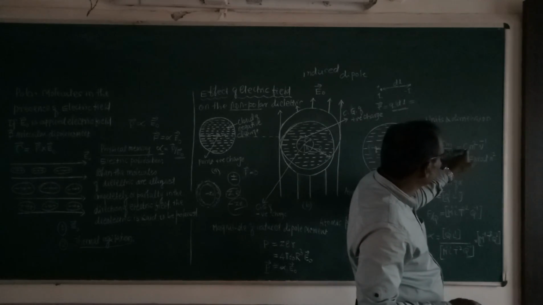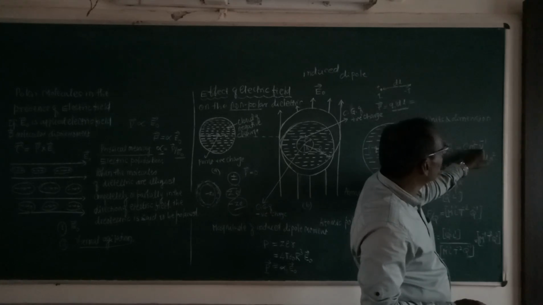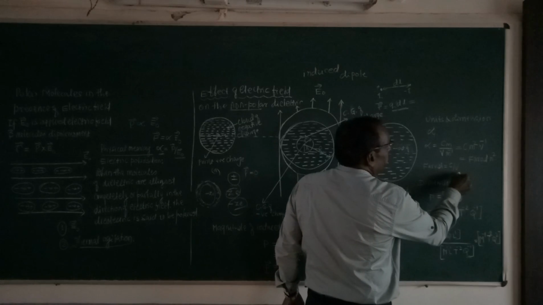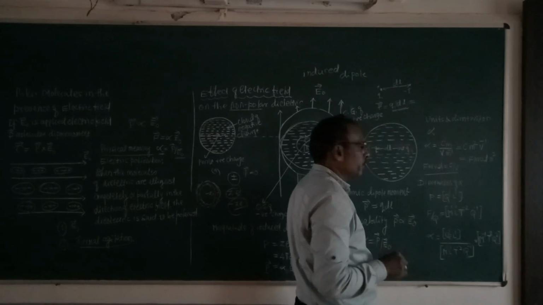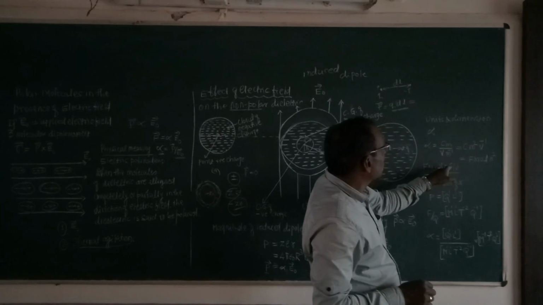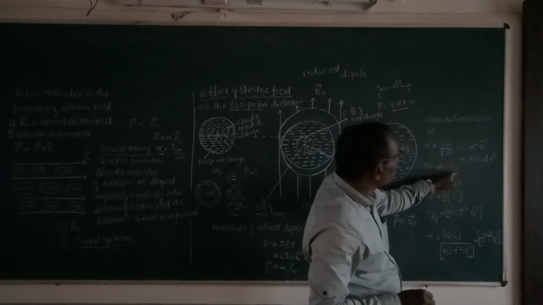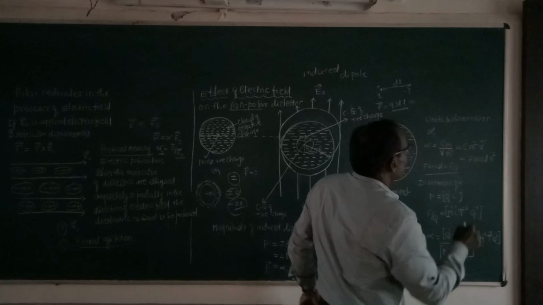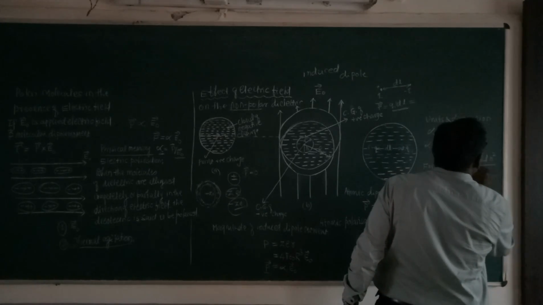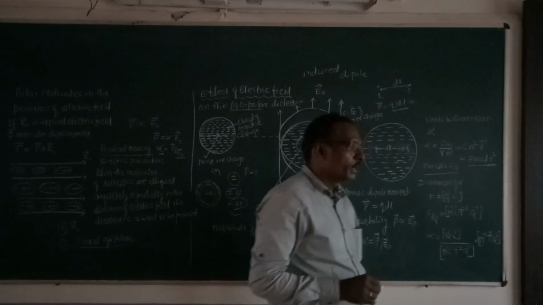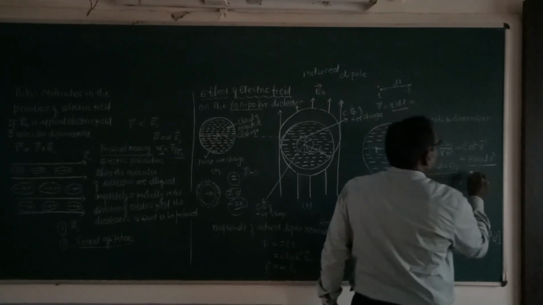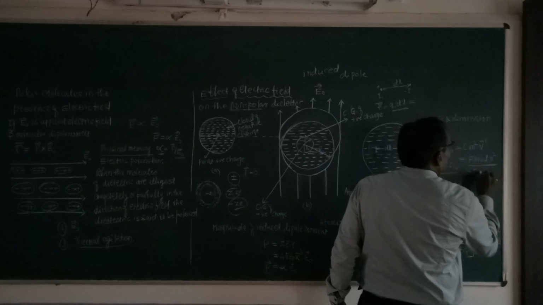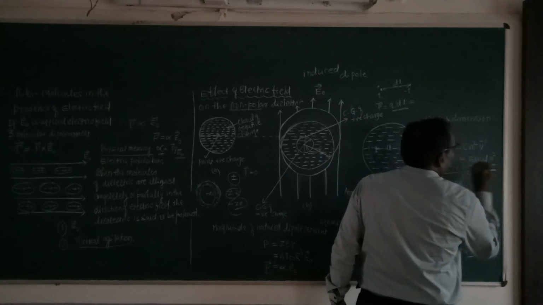If you simplify, it is coulomb meter square per volt. We know the unit of capacitance is the farad, that is coulomb per volt. So farad into meter is the SI unit of atomic polarizability.